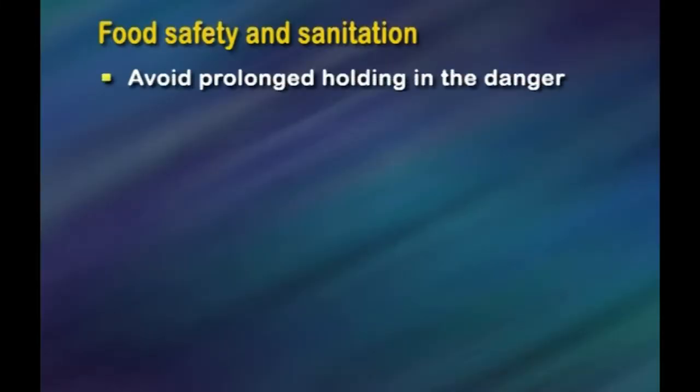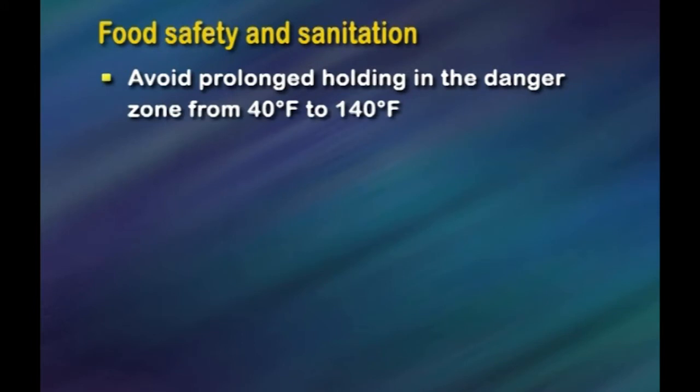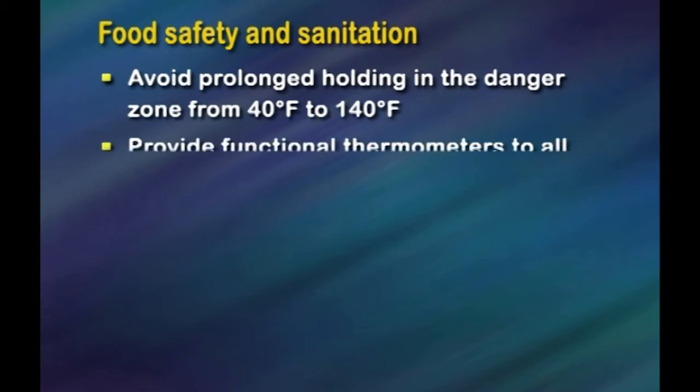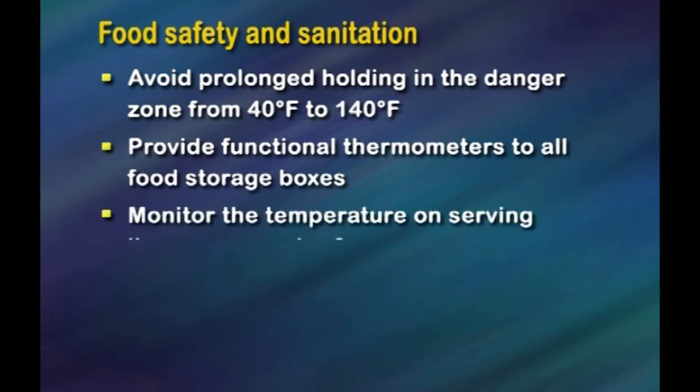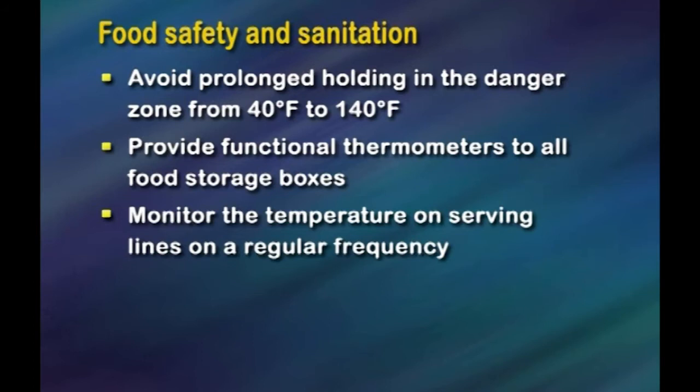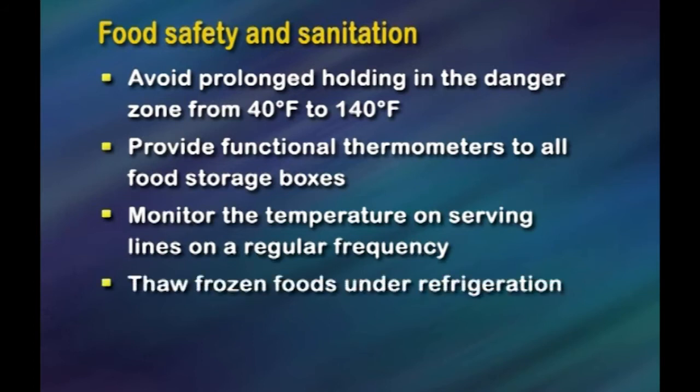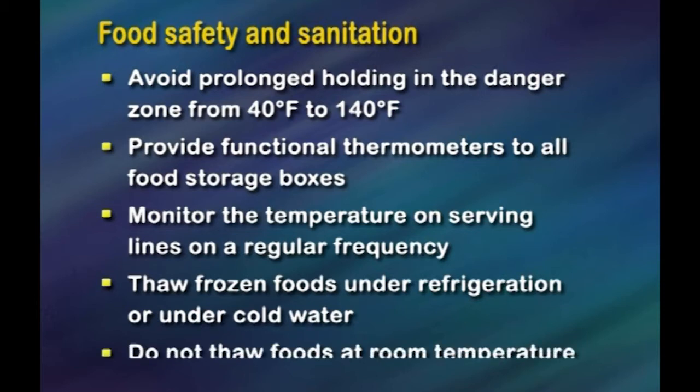The primary rule of sanitation is to pay strict attention to food temperatures. Avoid prolonged holding in the danger zone, that is from 40 degrees Fahrenheit to 140 degrees Fahrenheit. Provide functional thermometers to all food storage boxes. Monitor the temperature on serving lines at regular intervals.